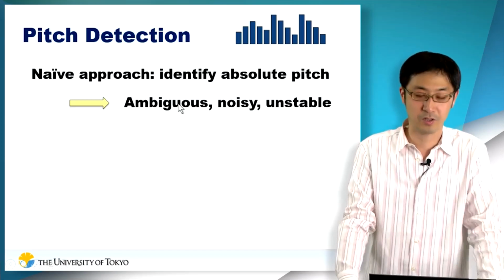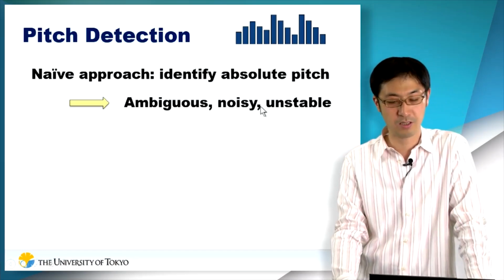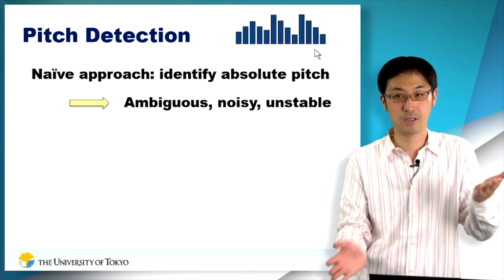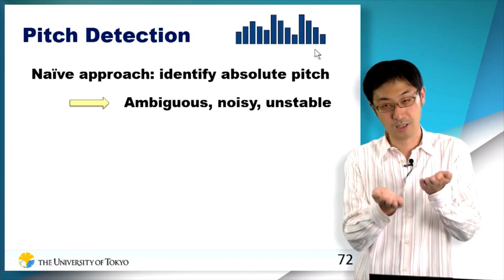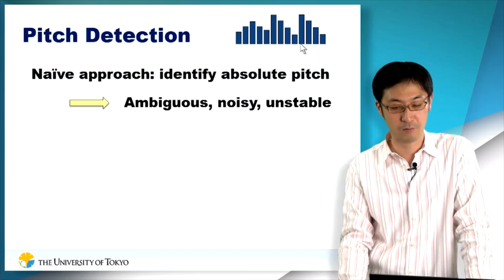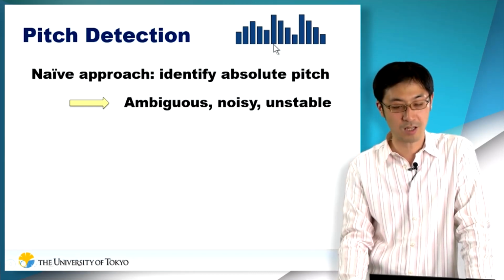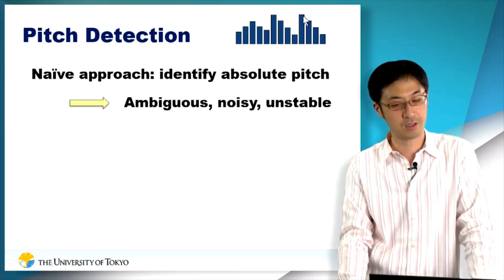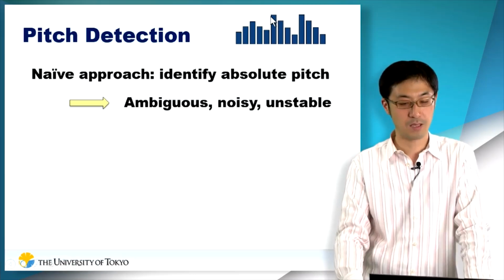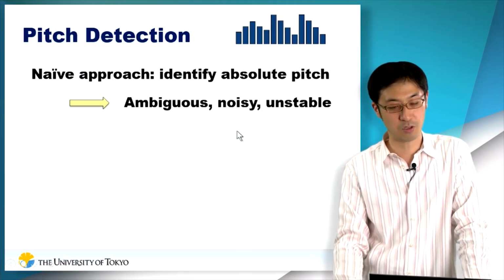However, this is very difficult. It's very ambiguous, noisy, and unstable. Please imagine that this kind of frequency signal is changing all the time, and it's very difficult to identify a peak. At some point this one is the highest, but the next moment this other one gets highest. So it's very unstable, and this naive approach does not work well.